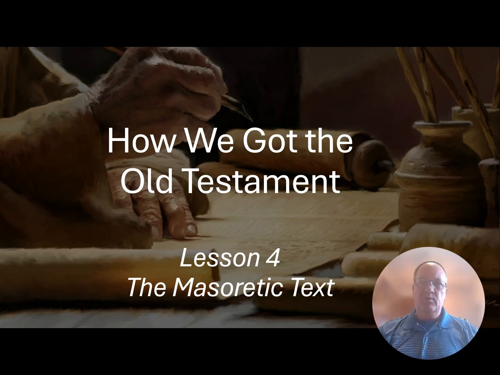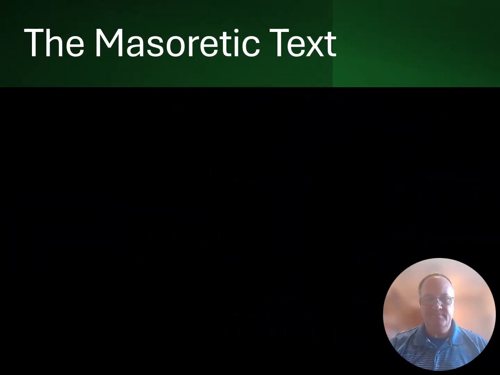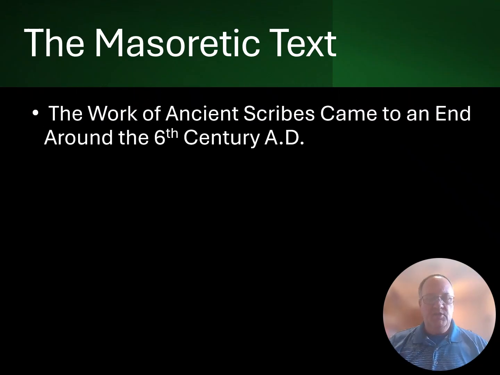So now, in our discussion of how we got the Old Testament, we are moving past the New Testament time. We're about 900 years past the New Testament time, and we're going to be talking about the Masoretic text. What is this all about? So, who is it that made these ancient copies, these ancient manuscripts of the Old Testament?